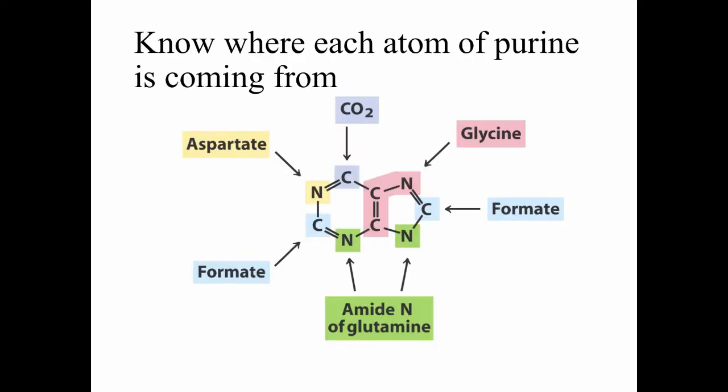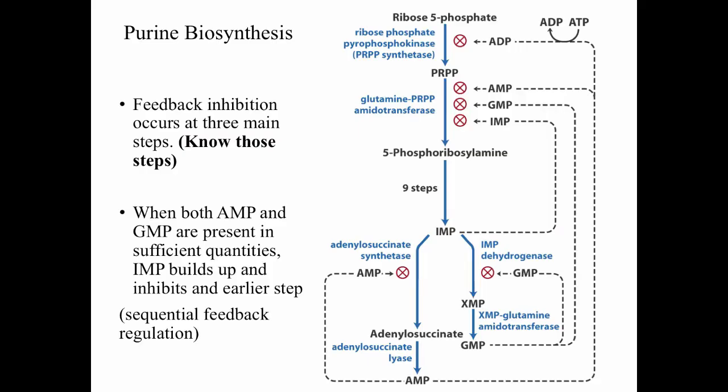And again, for understanding what you need to know in terms of the structure, you should just know where each atom of the purine is coming from. And so purine synthesis is pretty well regulated. So there's essentially product feedback inhibition, and this occurs really at three main steps. That is the first and second step.